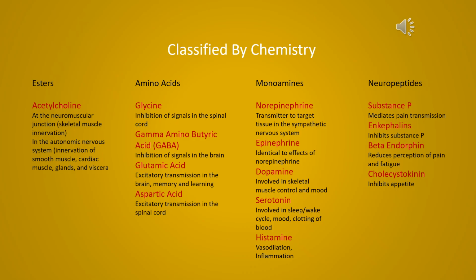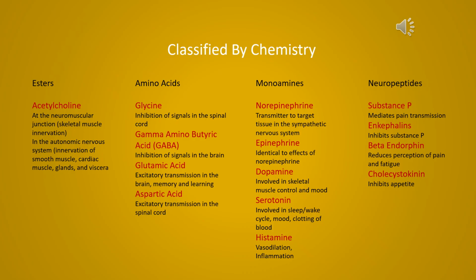So melatonin and serotonin are cousin compounds. Both of them are made from tryptophan, and the two chemicals are actually interchangeable. So then the last one, histamine, is made from the amino acid histidine.